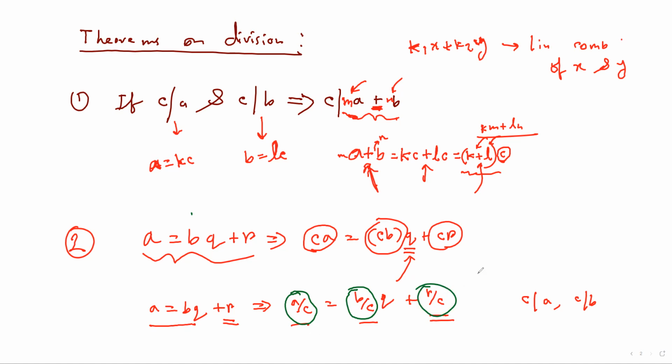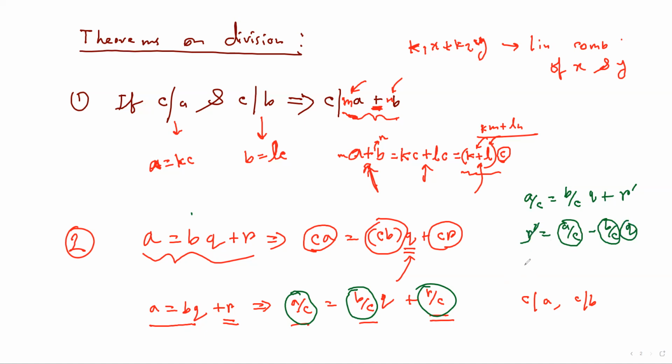Otherwise, you can prove it: if you just write A by C is equal to B by C times Q plus some remainder r prime which we don't know anything about, then just change the side to write r prime equals A by C minus B by C times Q. Now, you can see that if this guy is an integer, this guy is an integer, and this guy is an integer, r prime is going to be an integer as well.